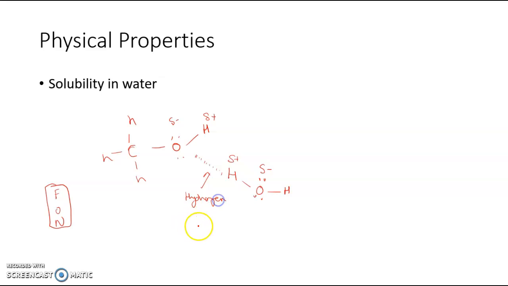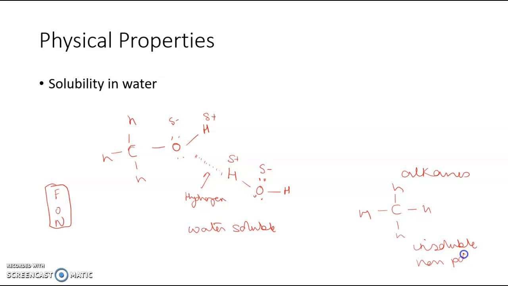So therefore alcohols will be water soluble because they can form hydrogen bonding. What about alkanes? Will they be soluble in water? Alkanes do not have the FON elements, therefore they cannot form hydrogen bonds with water, therefore alkanes will be insoluble in water because they are non-polar. And that's why we use the term like dissolves like. So polar materials will dissolve in polar solvents like water.